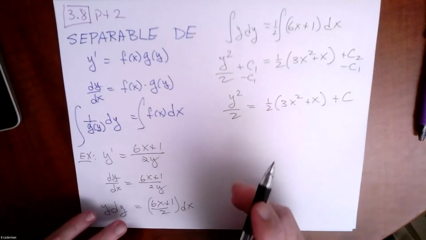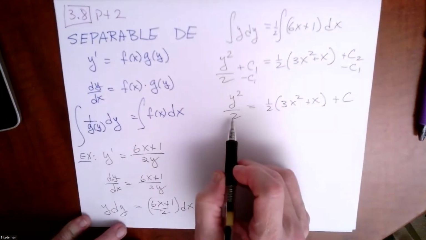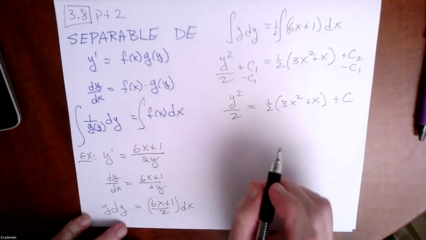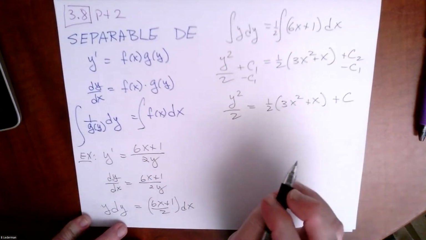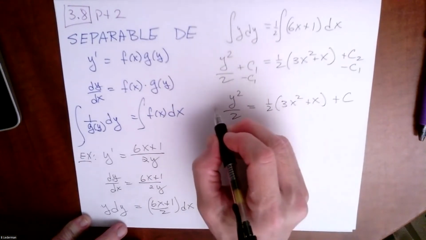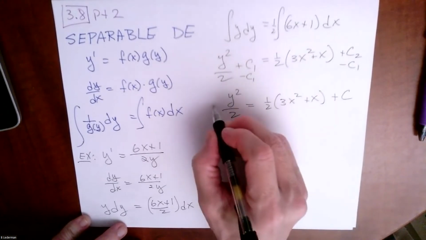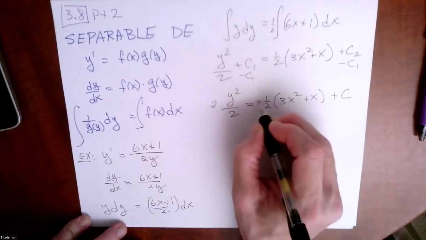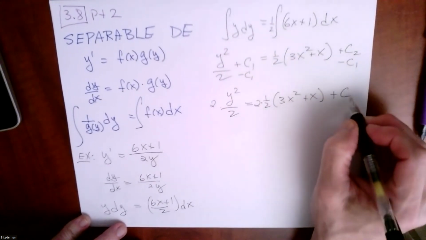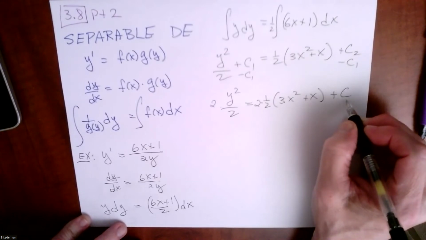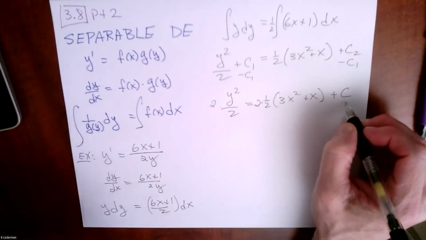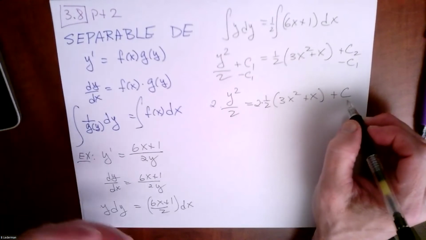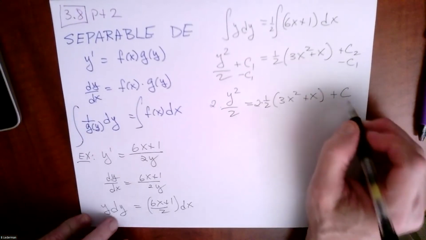Anyways, now that 2 would have helped me, I'm thinking, but that's okay. So I'm going to multiply both sides by 2. That's my first order of business. Now, I can multiply the constant by 2, but multiplying a constant by 2 is nothing because it's just another constant. So I'm just going to leave it.